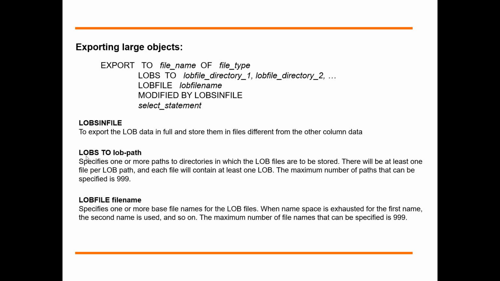It's also advisable to put them in a separate path, such as lobs to a specific path. So this is where we give a separate directory altogether, right? Inside this directory, whatever we specify is where the character large object data is kept, the file name, lob file.